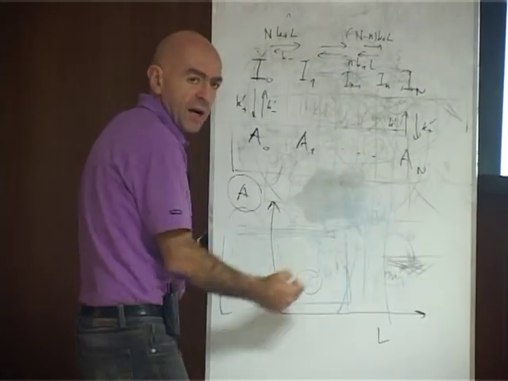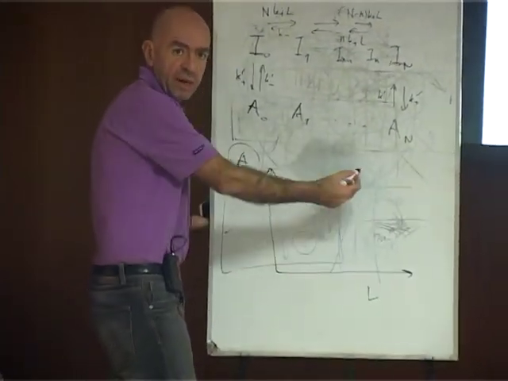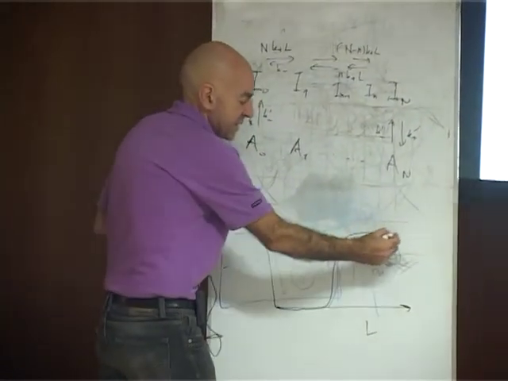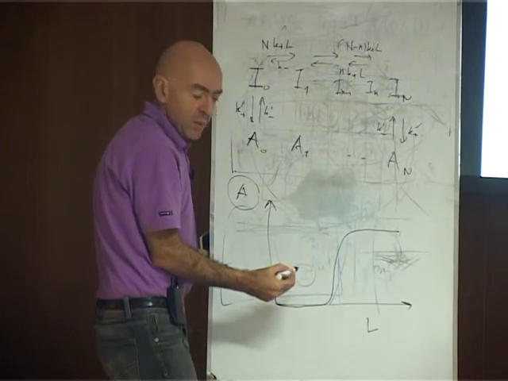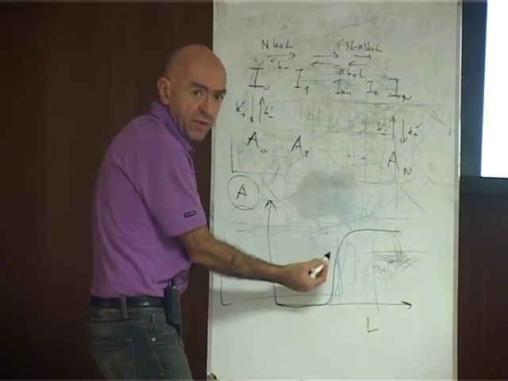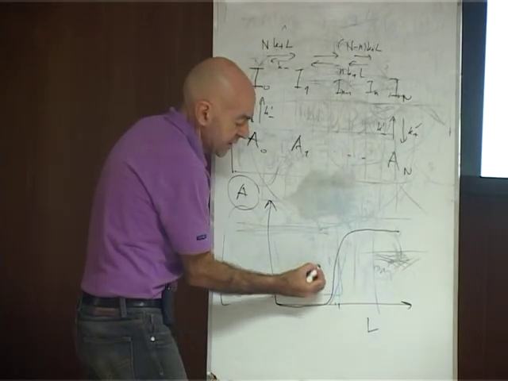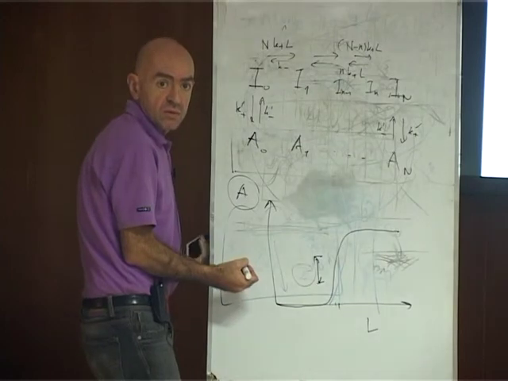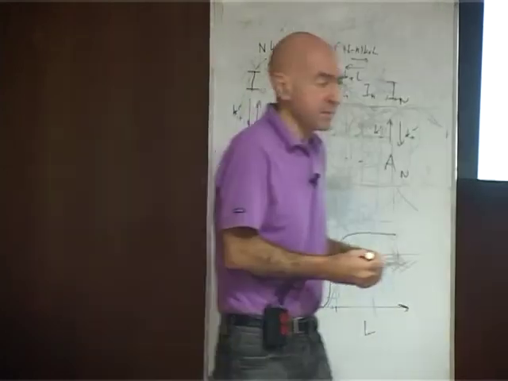It has not a hyperbolic shape, just as binding unbinding reaction with a single receptor, but it has a sigmoidal shape like this, which means that there is a range of values where you strongly amplify your signal. Small changes in the ligand turn out in large changes in the response. So that's a basic mechanism for amplification.